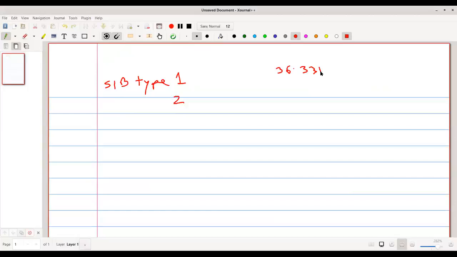The RRC layer generates these messages. Many different layer 2 and layer 1 parameters are configured here. SIB type 2 is especially a good set of parameter configuration, where many different layer 2 parameters are configured.